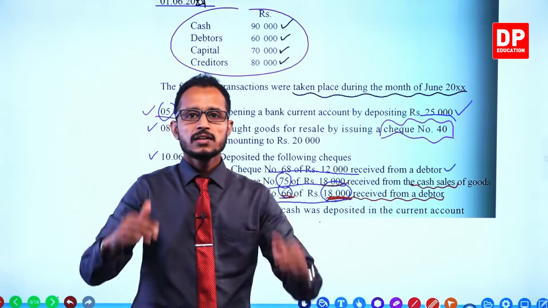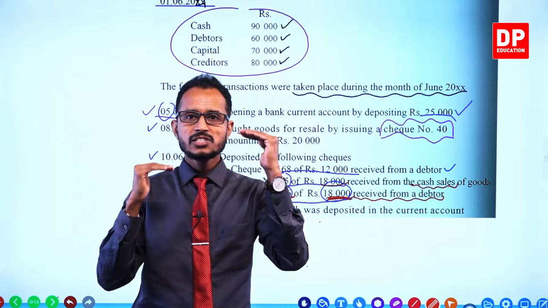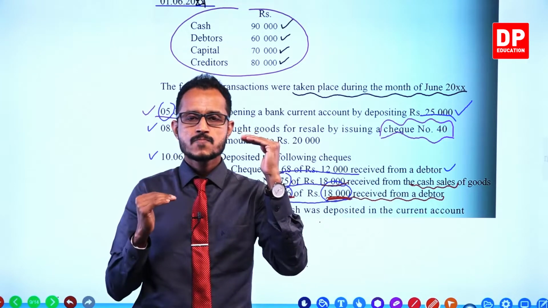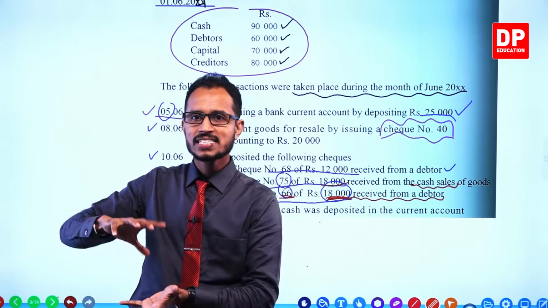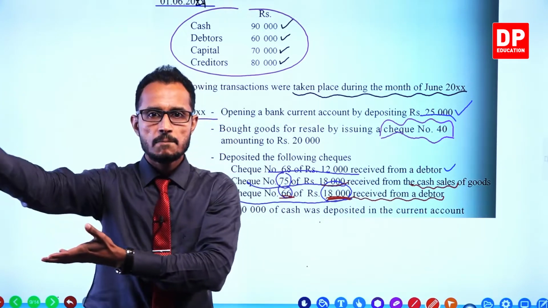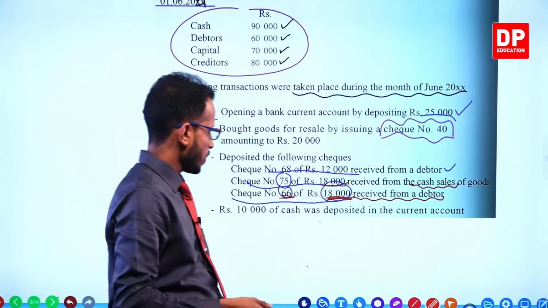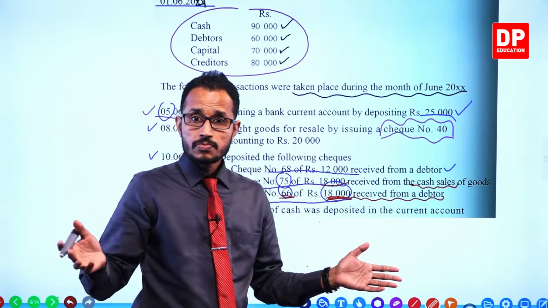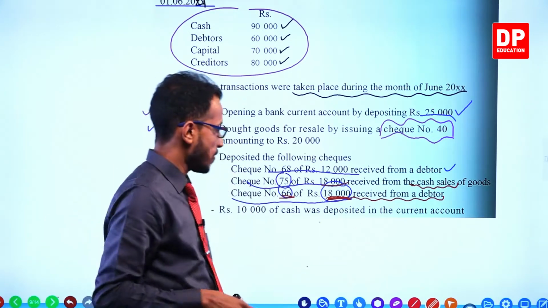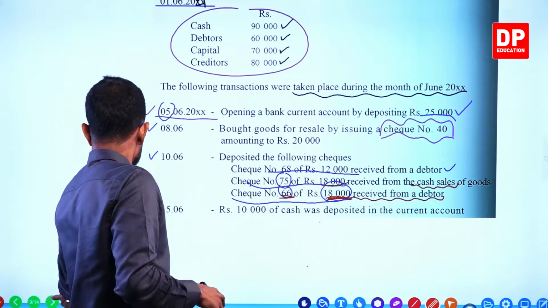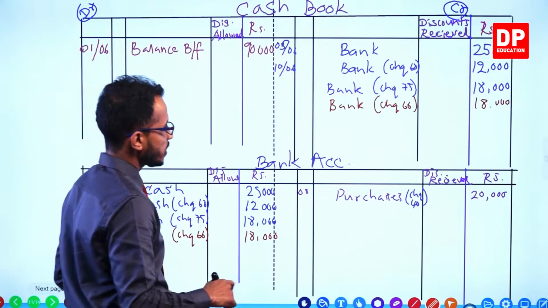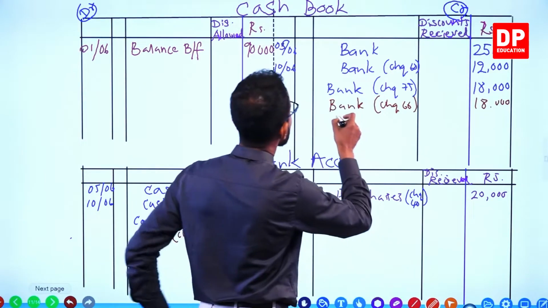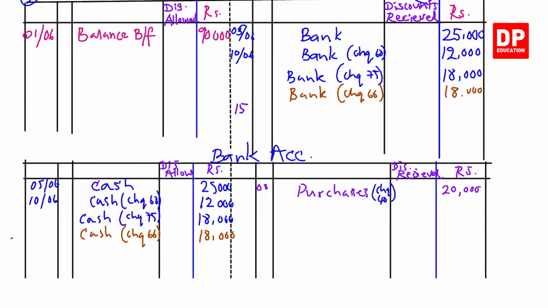So cash at hand decreases, cash at bank increases. You know the double entry. Cash credit, bank debit. 10,000, 15th day of the month.